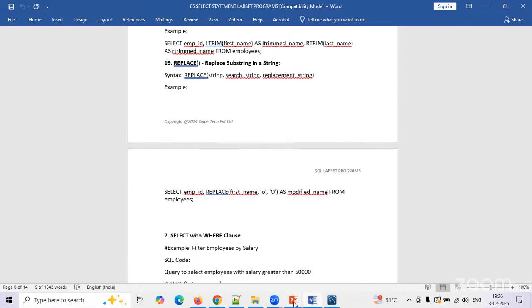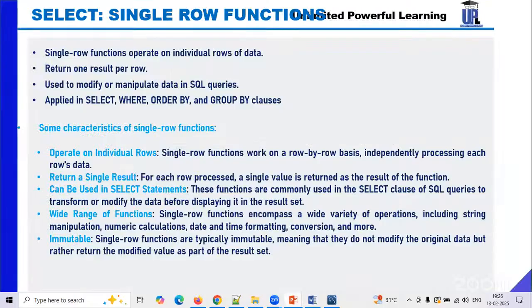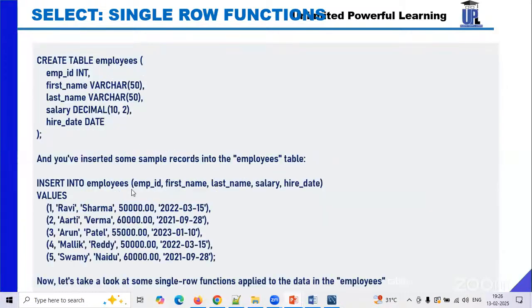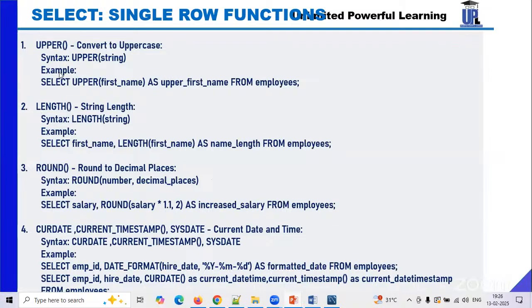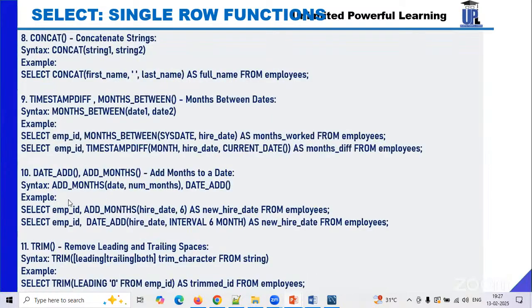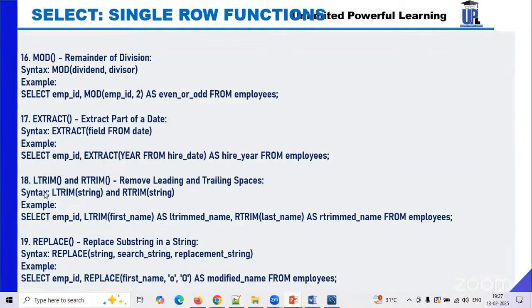Whatever we have discussed is single row functions. We have understood all these things: we created a table, inserted data, and executed queries like upper, length, round, current date, substring, and so on. All these functions, at least we have noticed, and we have done this.